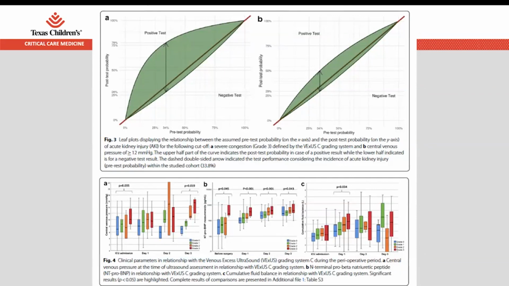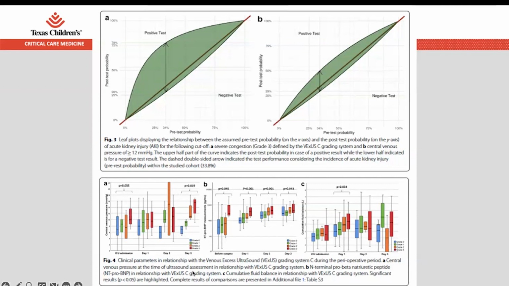As we can see from the graph at the top, when we compare in these leaf plots, the performance of Vexus C versus CVP, we have a higher likelihood of a positive test reflecting the actual outcome of interest, which would be AKI. The tests at the bottom compared Vexus C against central venous pressure on the left.